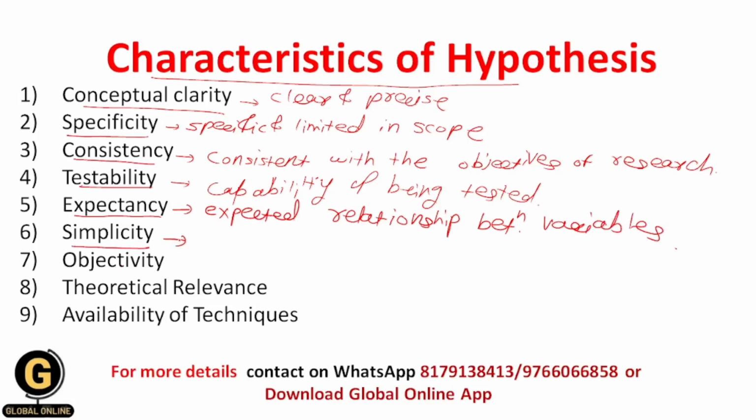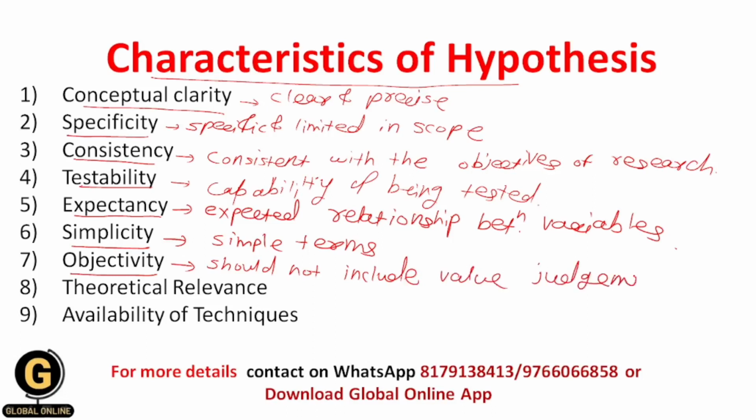Simplicity means that the hypothesis should be stated, as far as possible, in simple terms. Next is objectivity. It means that the hypothesis should not include value judgments, relative terms or any moral preaching. It should be objective as much as possible.